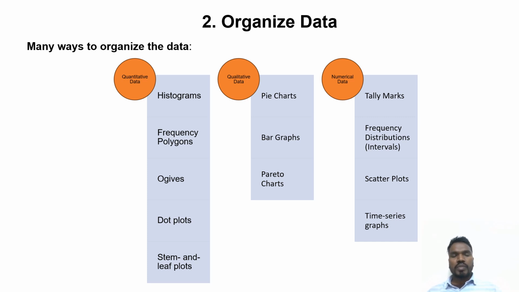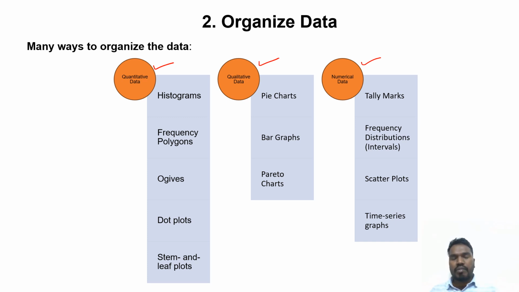Even though in previous sessions I divided the data into only two types, qualitative and quantitative, I want to define it specifically. We know quantitative and qualitative data, but numerical data also comes under quantitative. Here I put it separately because of the methods we use to represent the data.